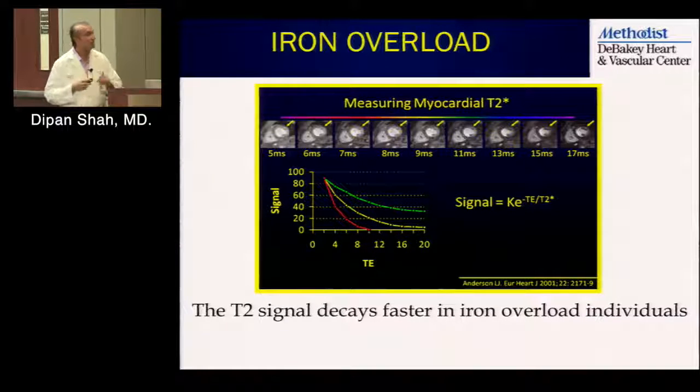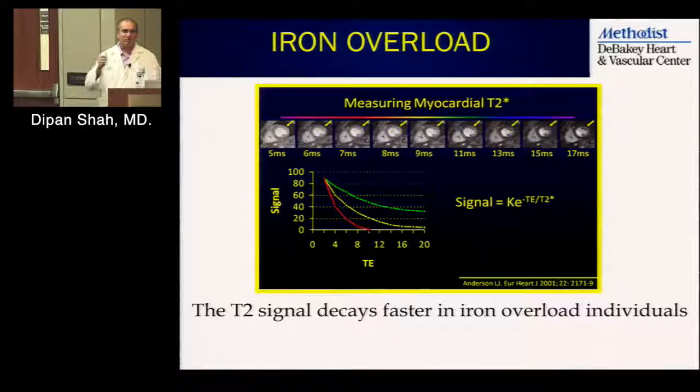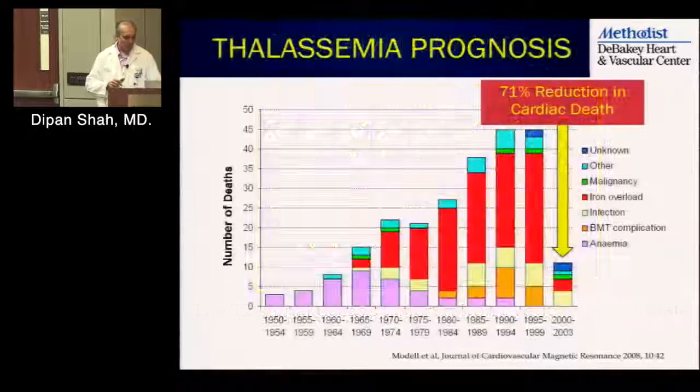We have established cutoff values as well: a T2 star value of more than 20 milliseconds almost excludes cardiac iron overload, a T2 star of less than 10 is diagnostic of cardiac iron overload, and values between 10 and 20 are borderline.